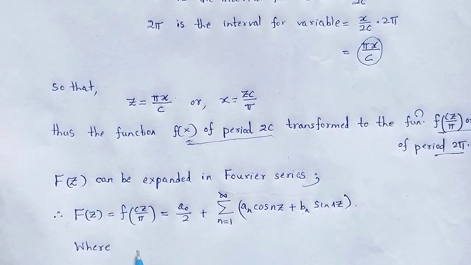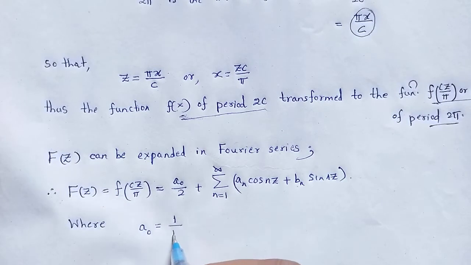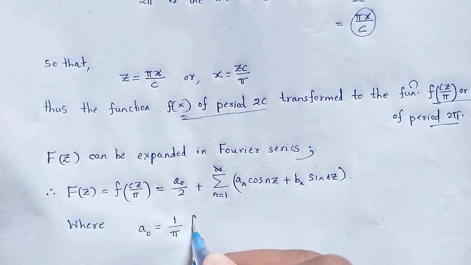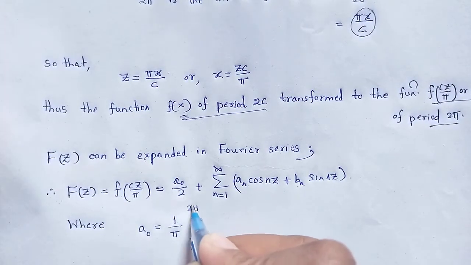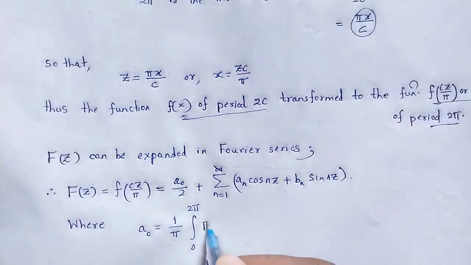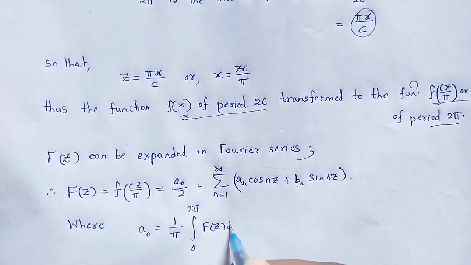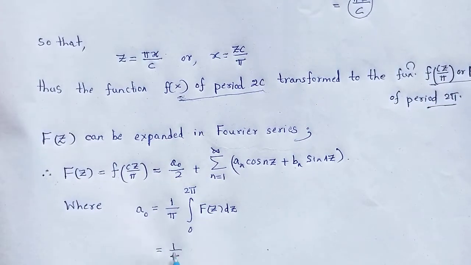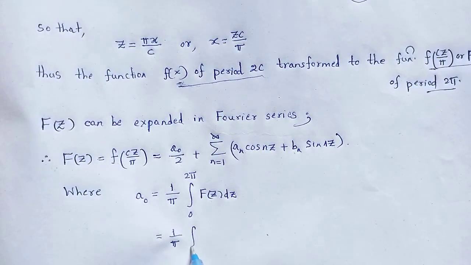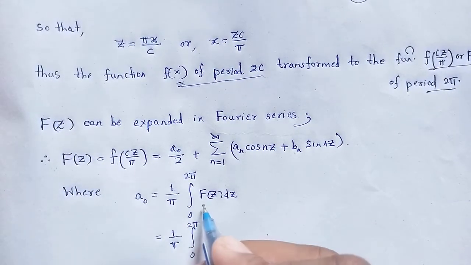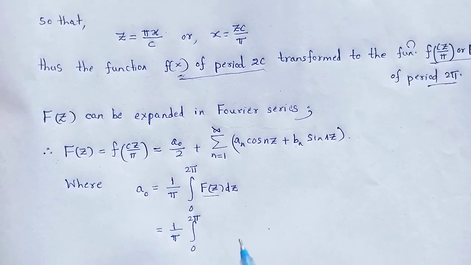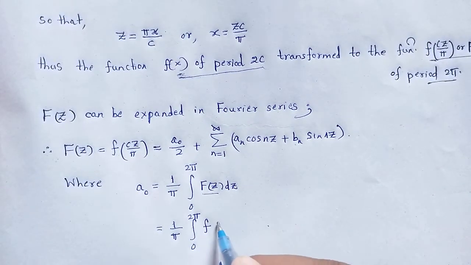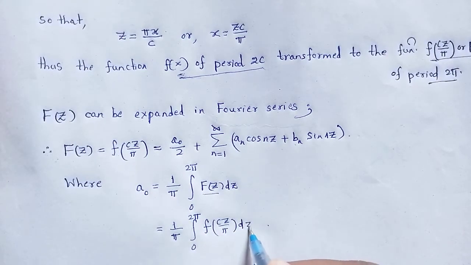the coefficient a naught is equal to 1 by pi integration from 0 to 2 pi of F of z dz, that is equal to 1 by pi integration from 0 to 2 pi of f of cz by pi dz.